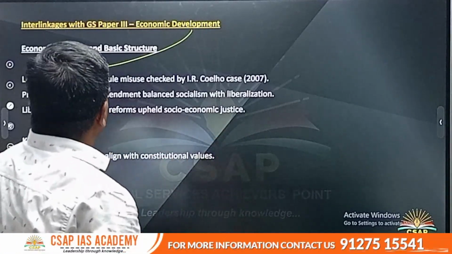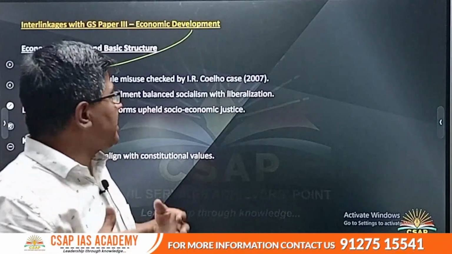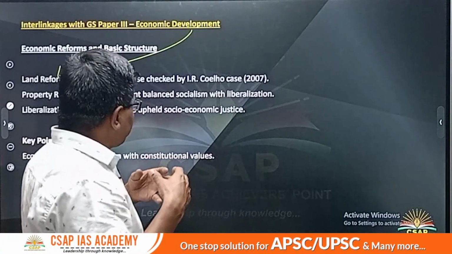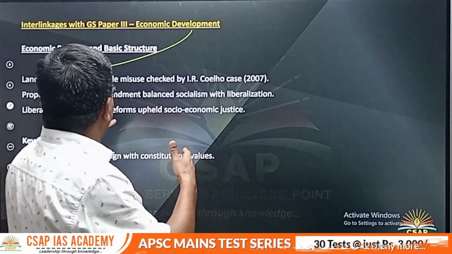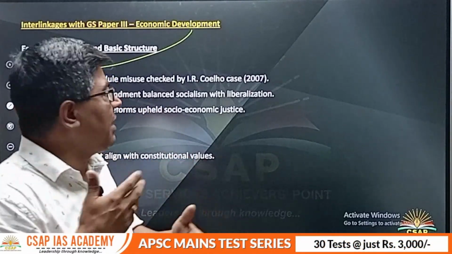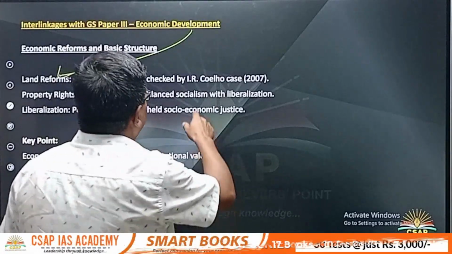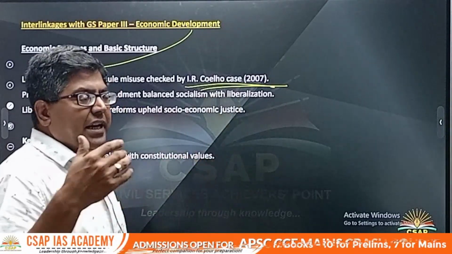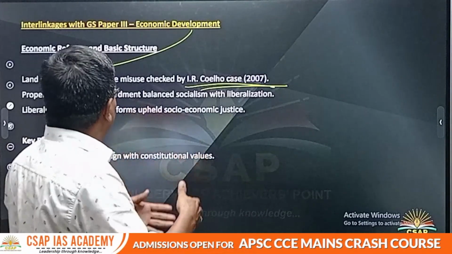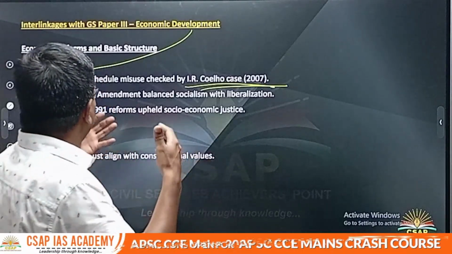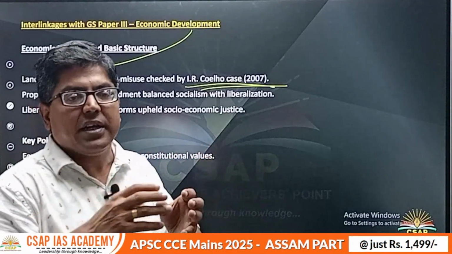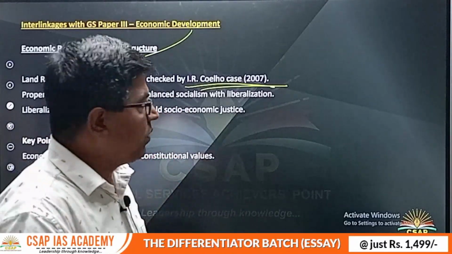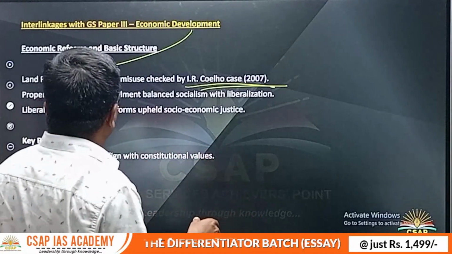What happens is that sometimes various other laws were put behind the 9th schedule, and there was an apparent misuse of the 9th schedule, but again in the IR Coelho case in 2007 it was declared that even those laws which were put behind the 9th schedule to prevent scrutiny by the Supreme Court are also subject to judicial review.